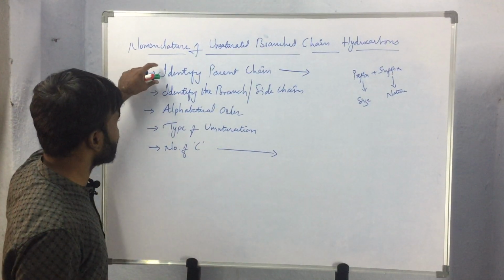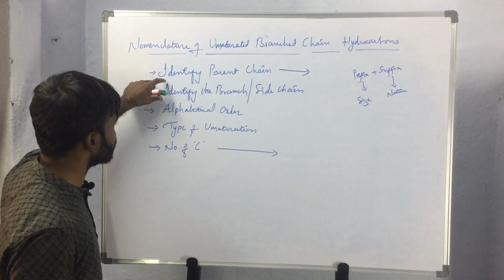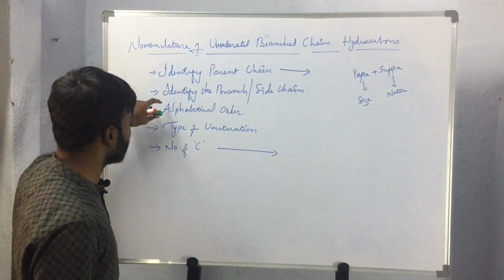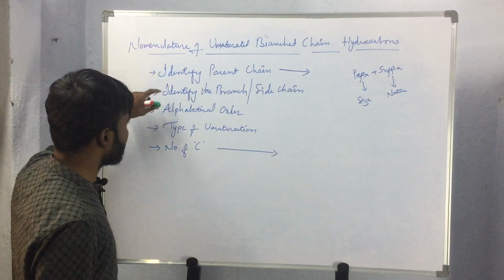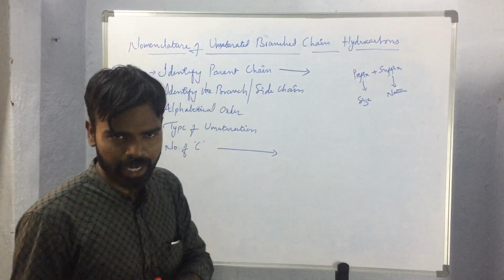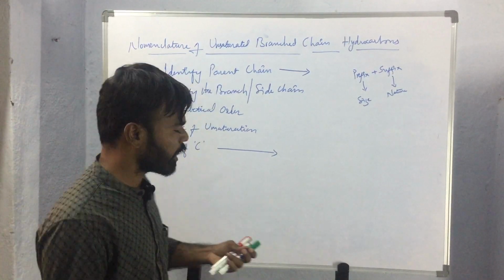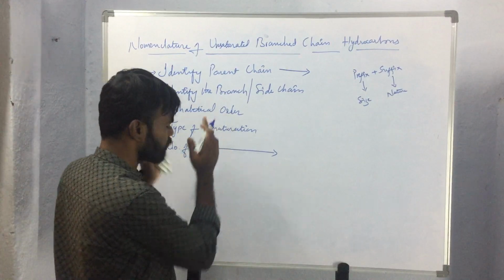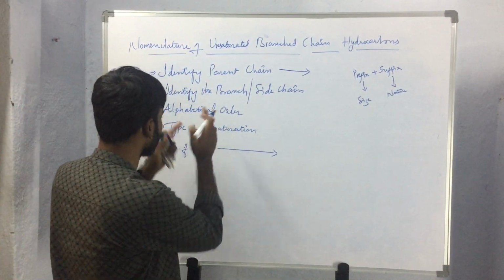Okay, so initially we identify the parent chain, then we identify the branch chains or side chains. In case of multiple branches or substituents, we arrange the names of those side chains in alphabetical order.